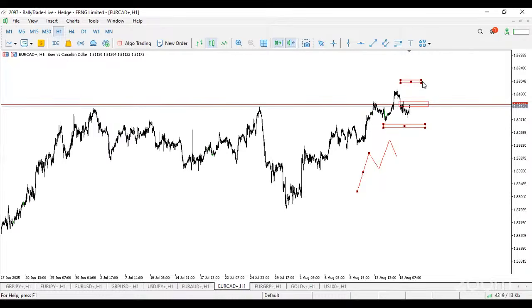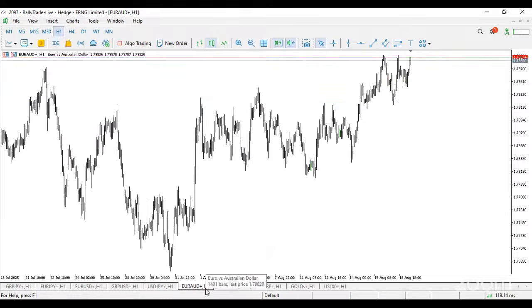So if the trade hasn't hit our TP before 1:30 when the news will come out, then we close it. So EuroCAD is the first buy opportunity because it's in line with our plan.